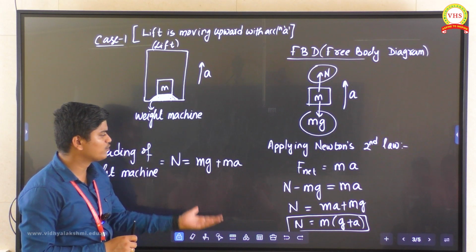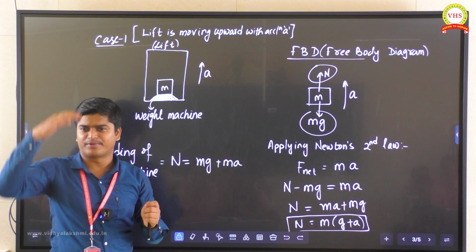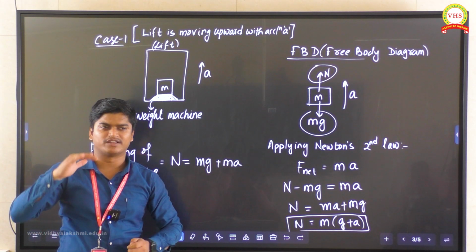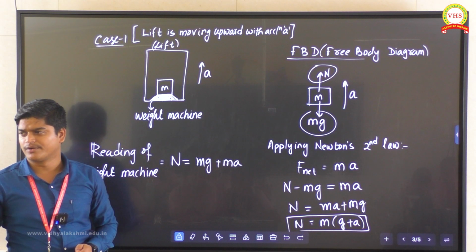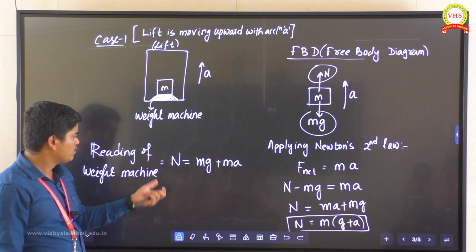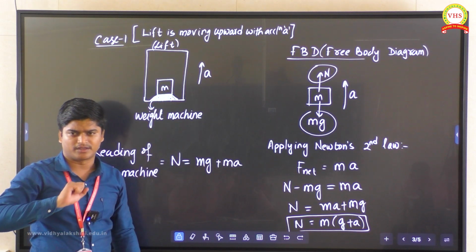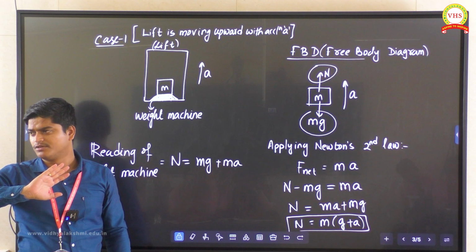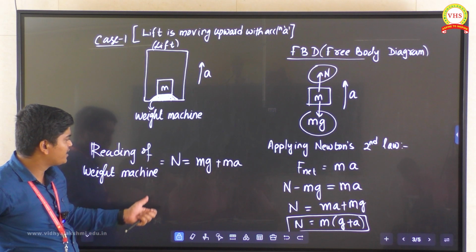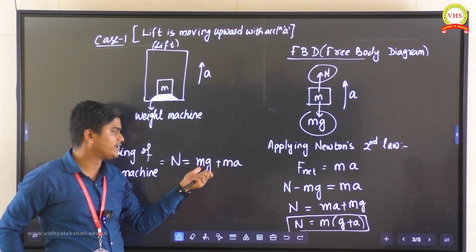First understand the upward case. With mg plus ma, you feel like your weight increased. Next time you go to a shopping mall, observe what you feel going upward and coming downward.